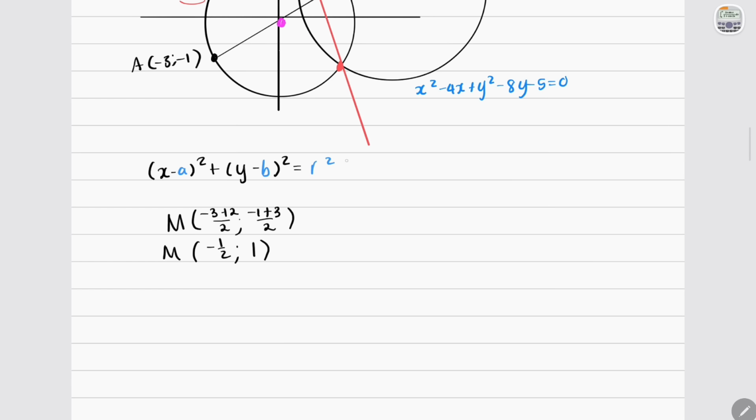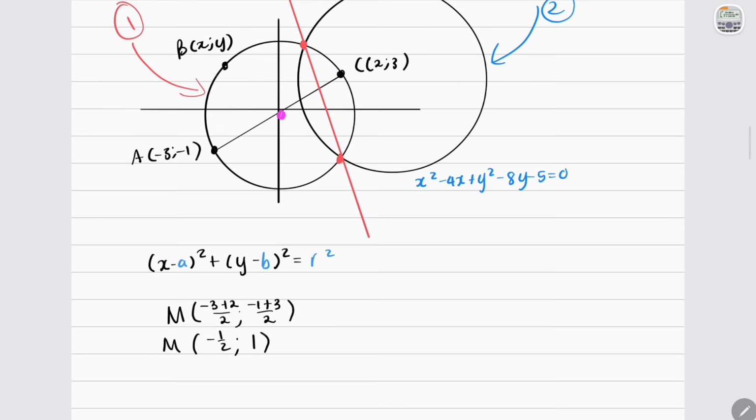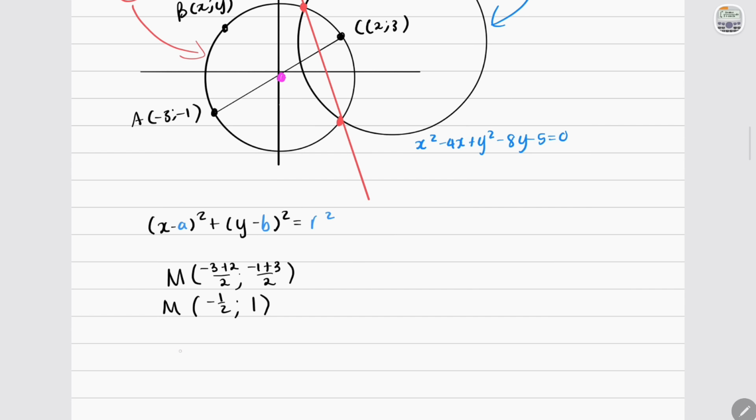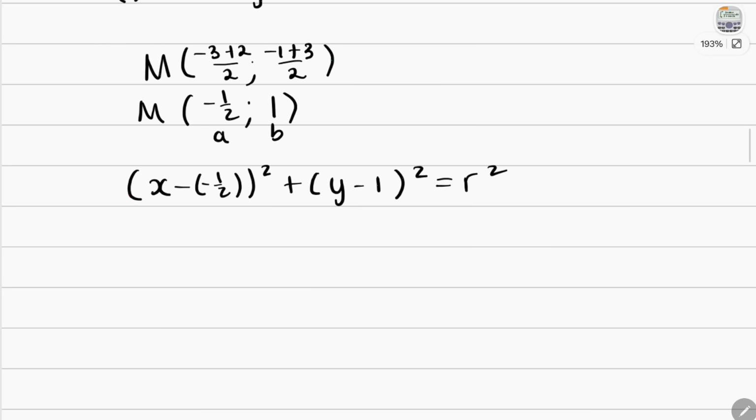And then we need to find r squared. It's not really a problem. You already have the center, so we can say x minus, and then fill in your a and b values. So this is x minus -1/2, all squared, plus y minus 1, all squared is equal to r squared. Then just simplify this.